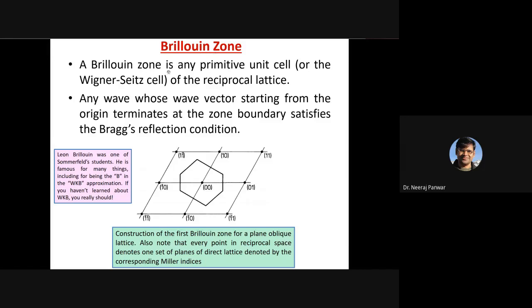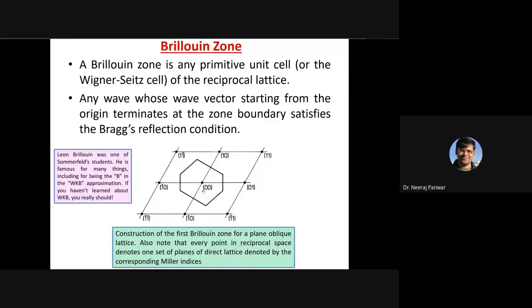A Brillouin zone is any primitive unit cell of the reciprocal lattice, or we can say it is the Wigner-Seitz cell of the reciprocal space or reciprocal lattice. So we consider this point, which is defined as 0, 0. Then we connect all the points.